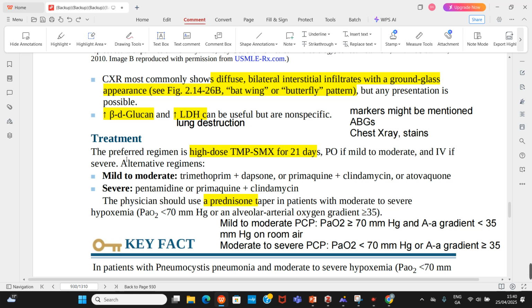So it's majorly in fungal infection. Yeah, beta-D glucan. We mentioned it under aspergillosis, when we were talking about invasive aspergillosis. So once you are seeing beta-D glucan being positive, you know that they're trying to tell me that this is likely to be a fungal problem. So I work with that. Then LDH is going to be elevated because of lung destruction.